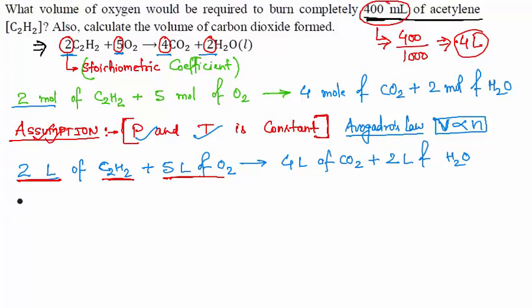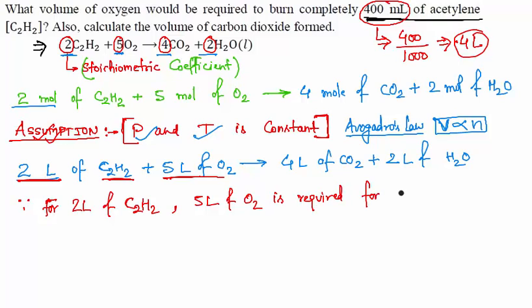So for 2 liter of C2H2, 5 liter of oxygen is required for complete reaction.